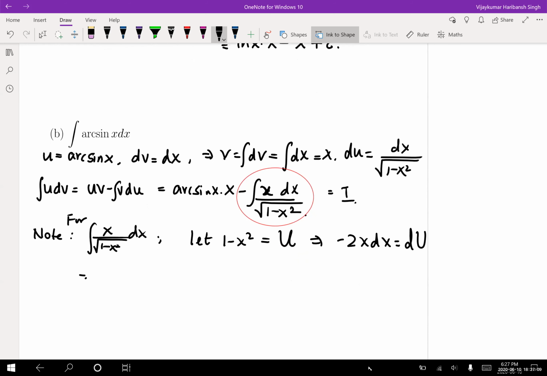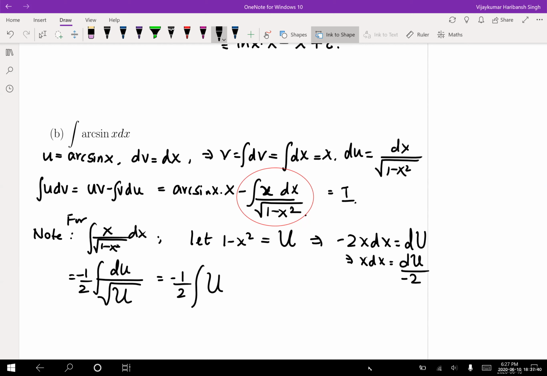Therefore, this integral becomes the integral of 1 over the square root of u, and on the top you get x dx, which is du over minus 2. That minus 2 I can bring out. So what is this integral now? This is minus 1 by 2 times the integral of u to the power minus 1 by 2 du.